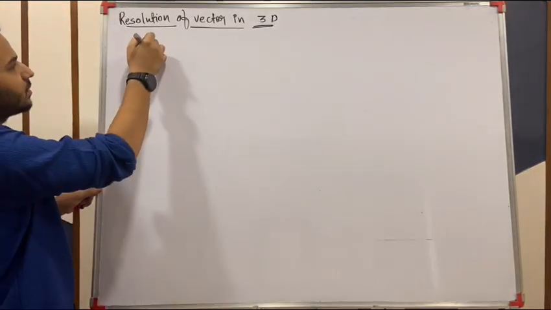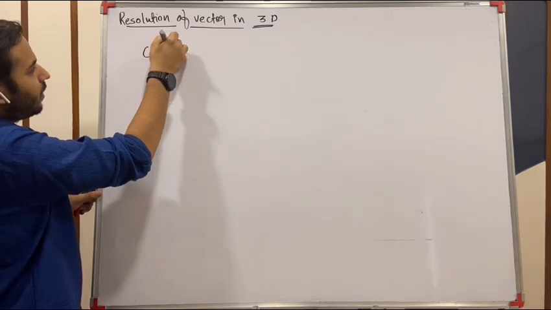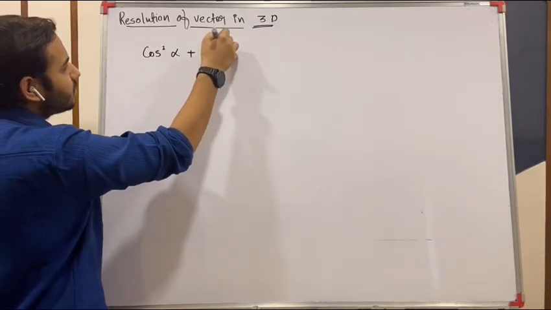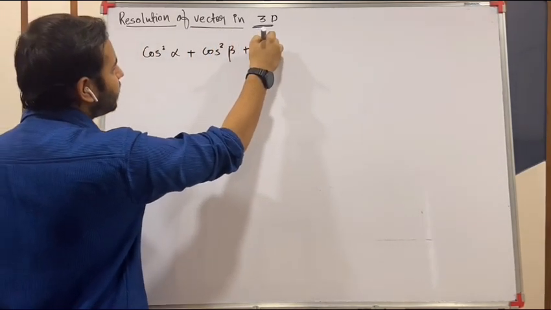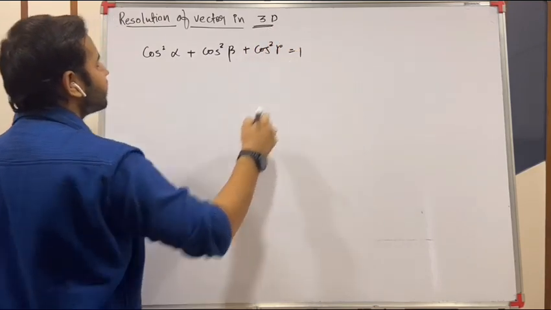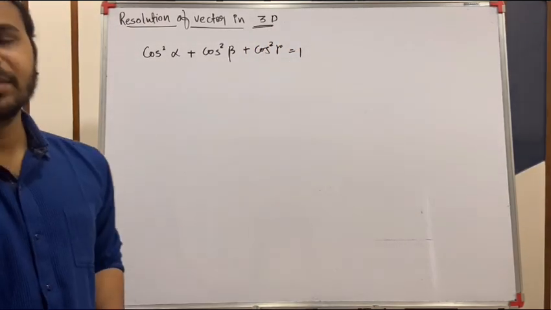I have written this: cos square alpha plus cos square beta plus cos square gamma is equals to 1 for resolution of vector in 3 dimension.